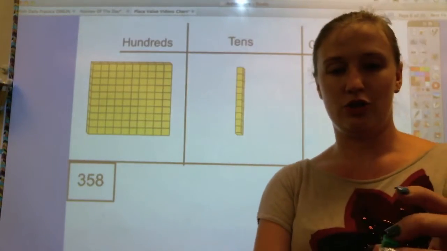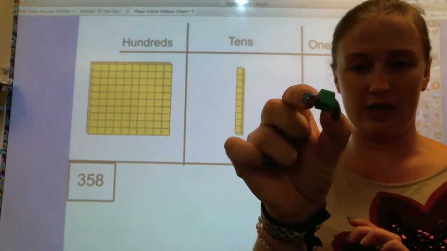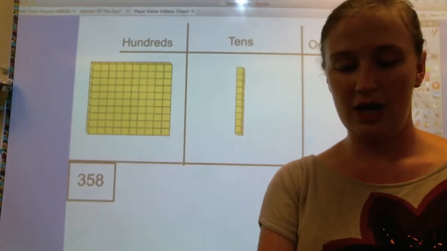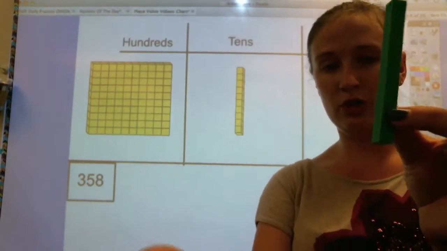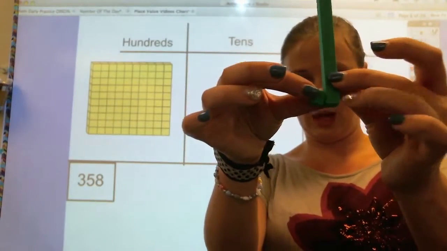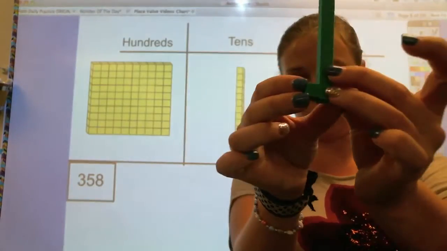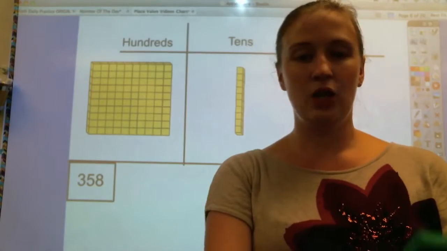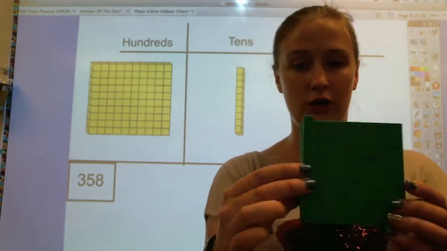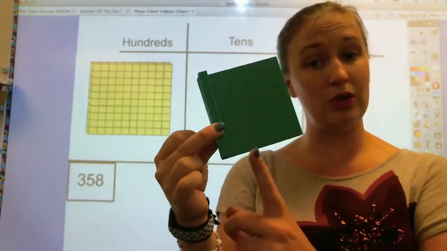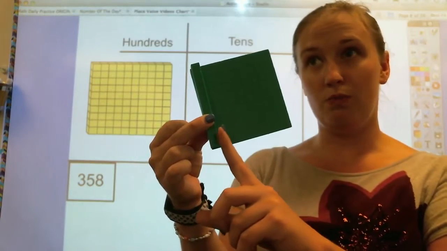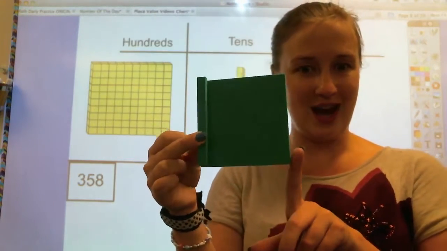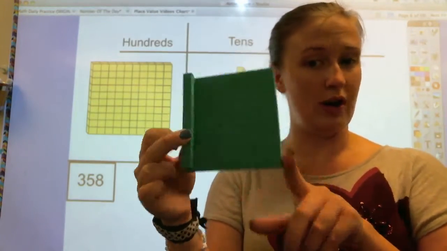Here's what a unit looks like. It's very small, and I need 10 of them to build a long. As we've discussed in class, we also need 10 longs to make 100. So we would need 10 groups of 10 to build 100.